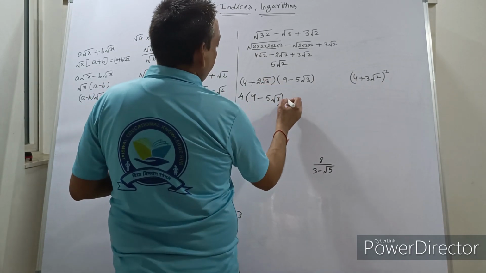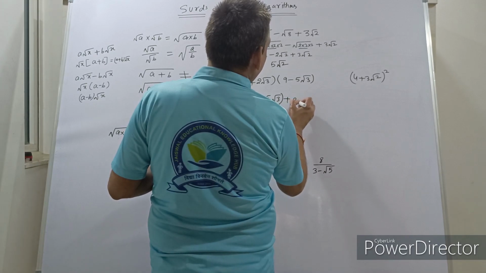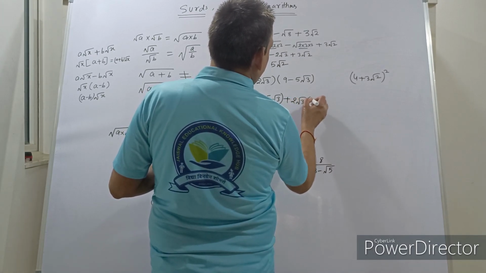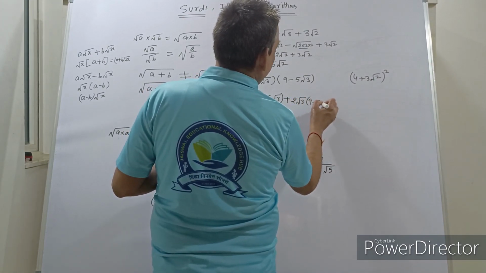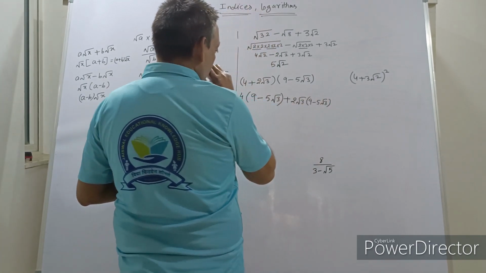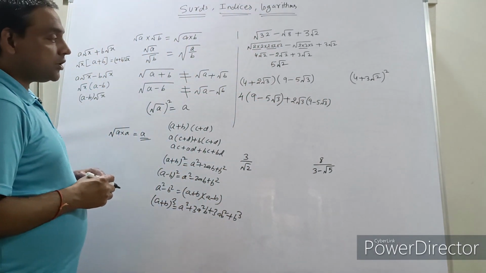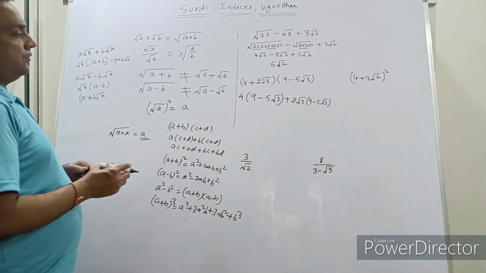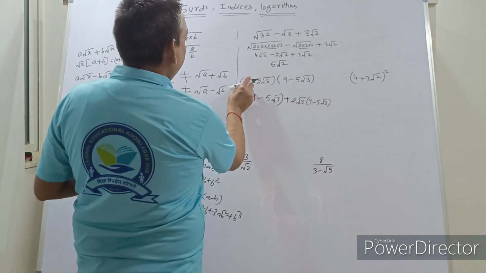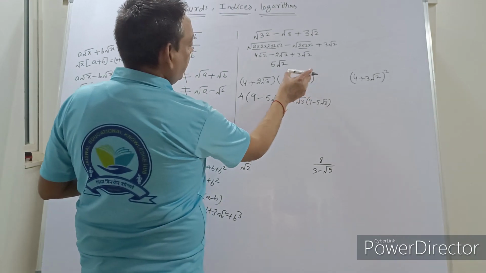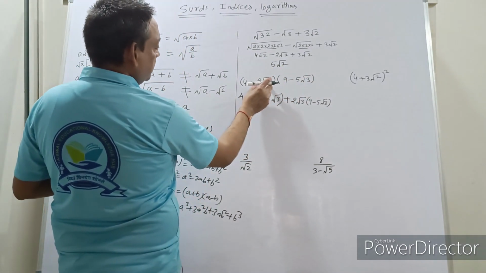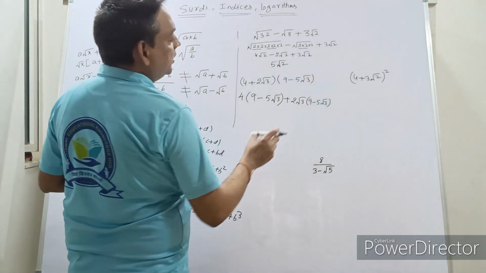And then the second one, which is 2 root 3, multiply by 9 minus 5 root 3. Simple it is. First bracket's first term multiplies the whole of the second bracket, then the first bracket's second term multiplies the whole bracket of the second one.